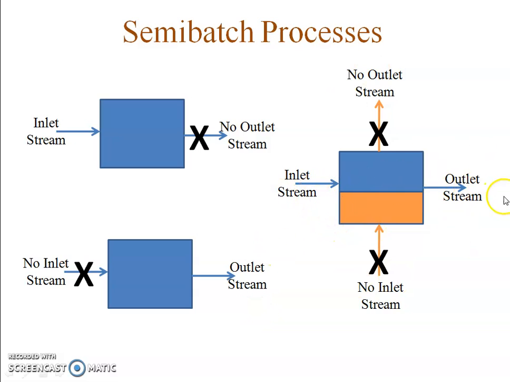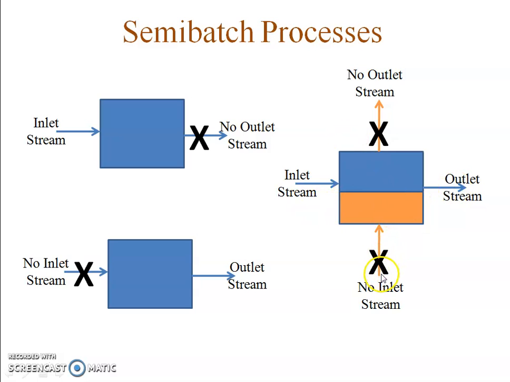Then there can be further complications. There can be two different phases or two different components. One component is continuously going in and out, while the other component is acting as a batch. Say this orange thing I am denoting here is placed in the unit before the process started, and then there is an inlet and outlet of the second component, and after your process has completed, you open the unit and take out your component.